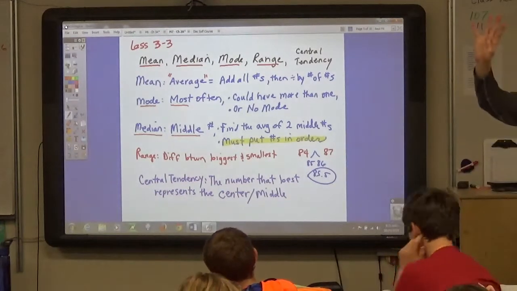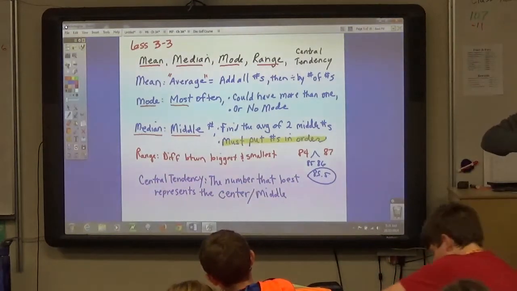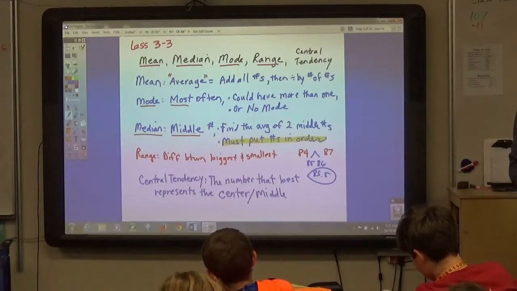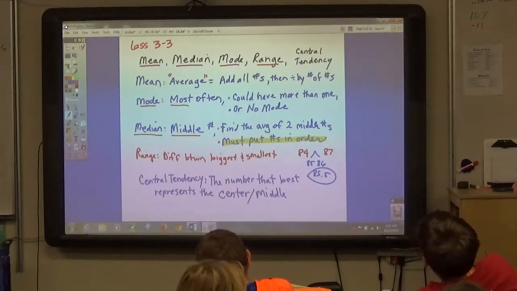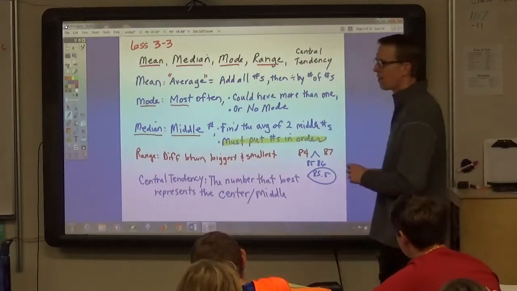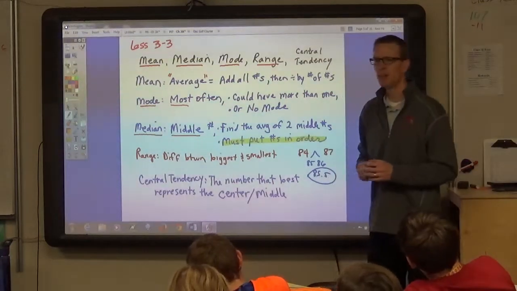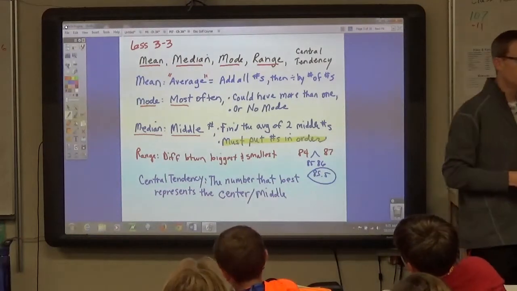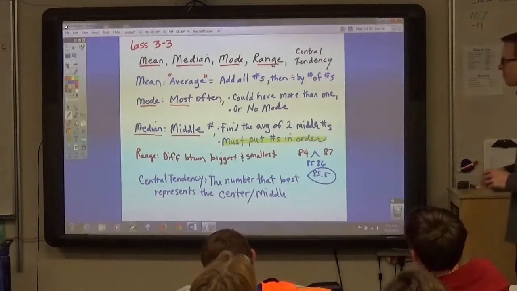If there are 4 numbers in the set, you divide by 4. If there are 10 numbers in the set, you divide by 10. That number gives you the average and the mean. It's one way of finding the central tendency, or the middle of the set.